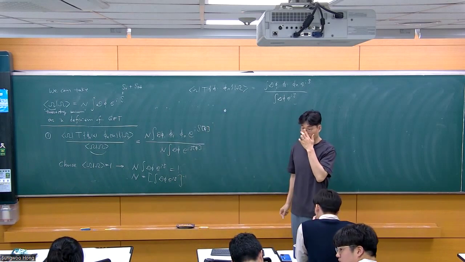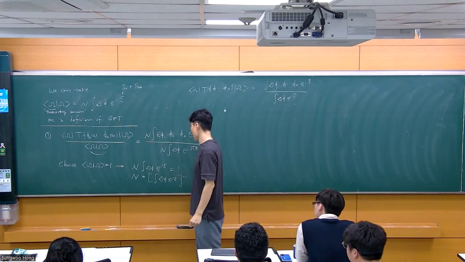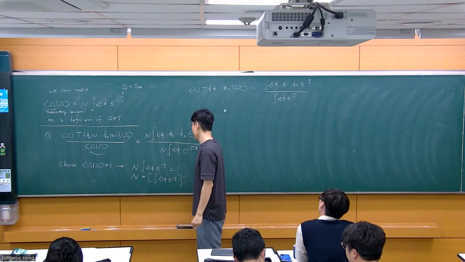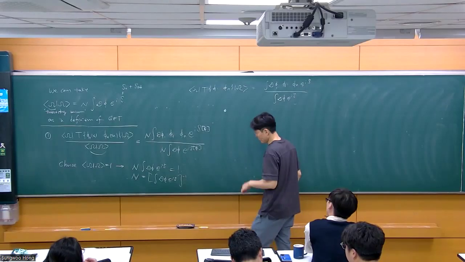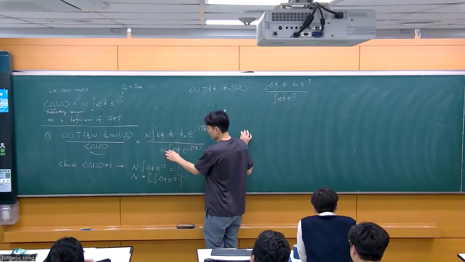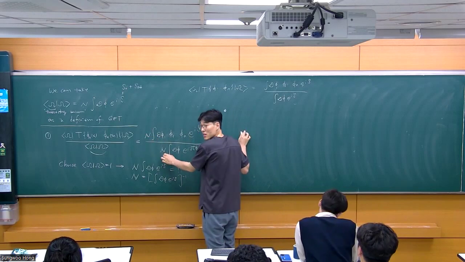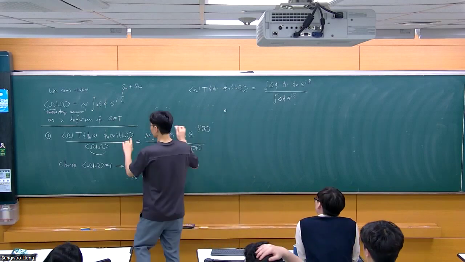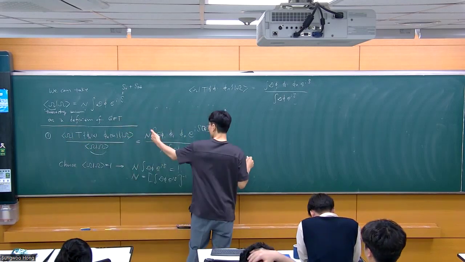Yes, the question is whether the upper and lower are all the same. Good. I think so. If you think about where this appears, it starts from the initial and final state. So the question is whether these two are the same.